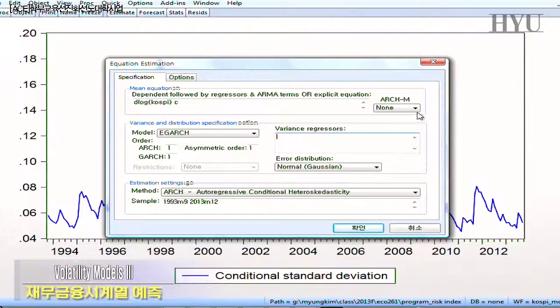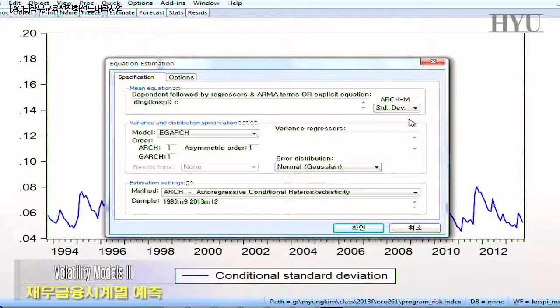Also here, let's say I select standard deviation, then you are calculating sigma t, or sigma t squared, from the variance equation.